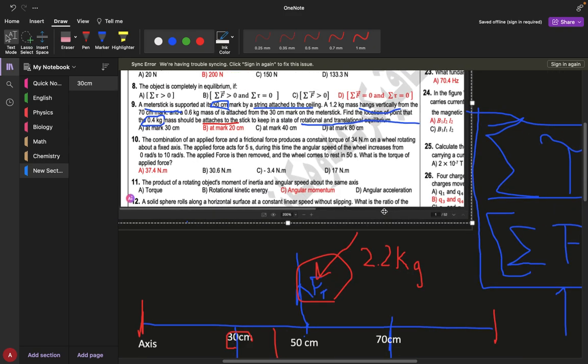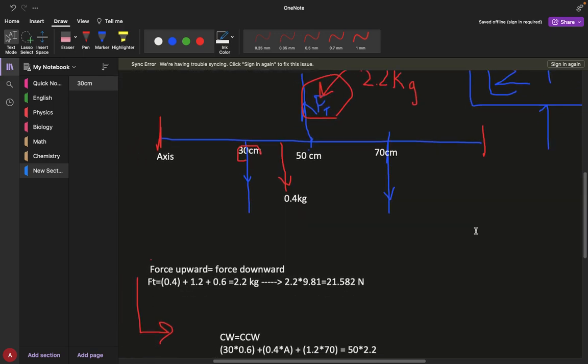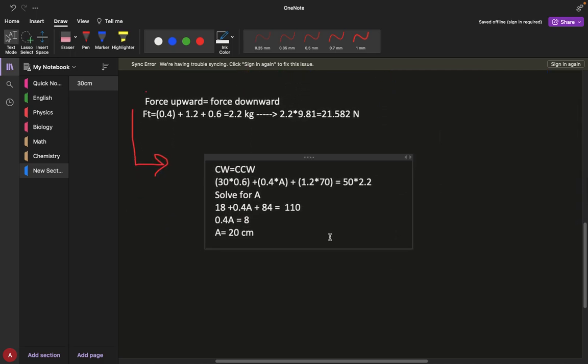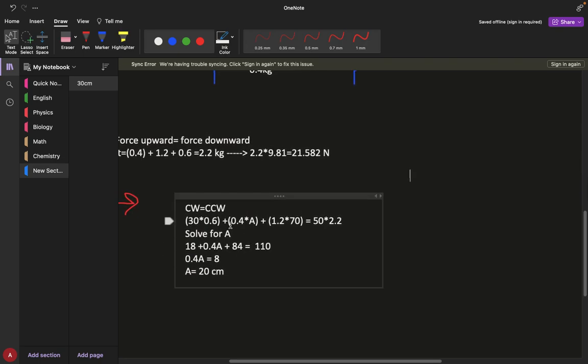And another thing I was wondering about is that, look, guys, do not come for me and be like, what did you do in this step? The reason why I didn't write 9.81 was that everything else is given to me in mass, in kilogram. So I did the kilogram part, okay? Even if I did it in force, I would have to write 0.4 times 9.81, 1.2 times 9.81, 0.6 times 9.81. Then I'll just be like 2.2 times 9.81, and it gave me the answer, 21 Newton, whatever that is.